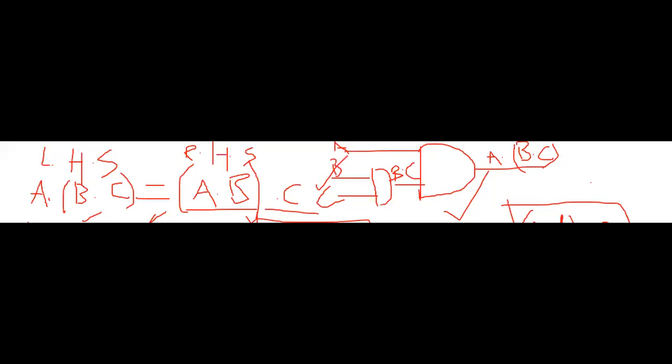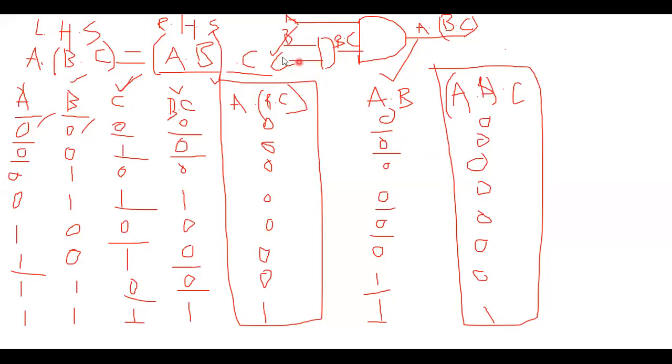So this is completed. Now this will be A plus B plus C, A plus of B plus C. Which operation is being done here? OR operation. Here we are doing the OR operation. The same, just here plus instead of dot.